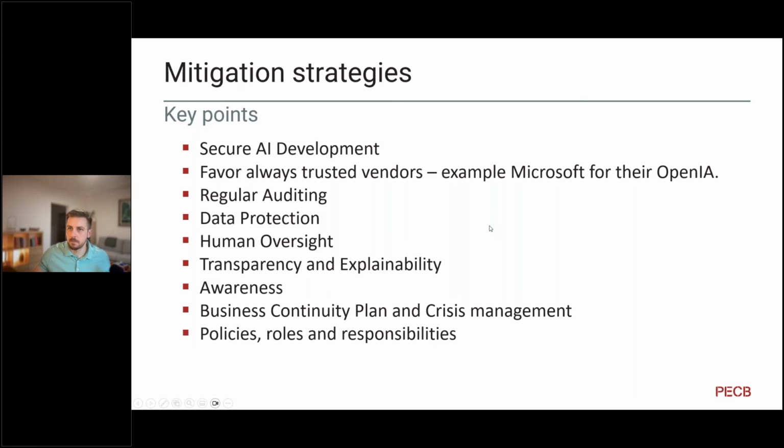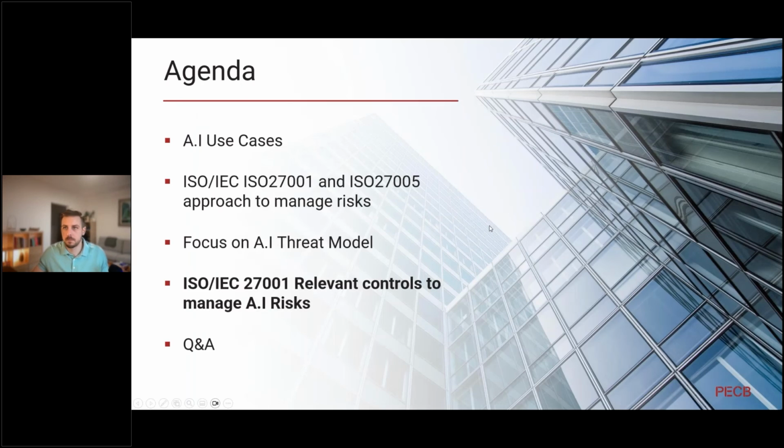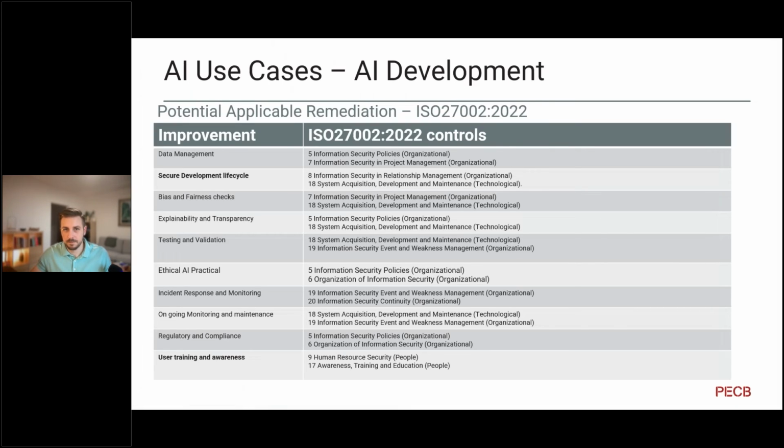So now we can propose some relevant controls and a mapping to manage AI risk. We have 5 minutes to finish the webinar, so I won't comment on every single point of this control mapping.